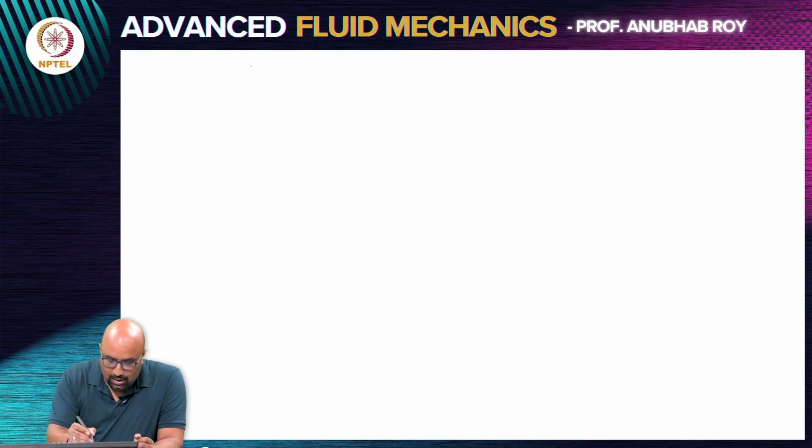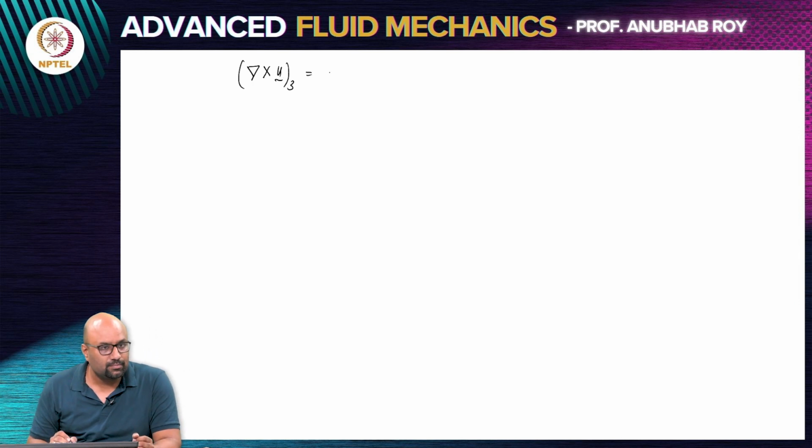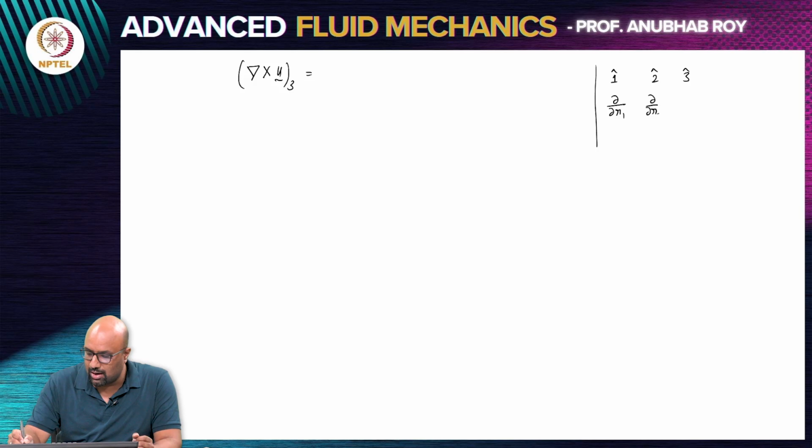Now, the curl of U, if I were to write down the third component of the curl of U, you will have the directions 1, 2, 3, dou R1, dou R2, dou R3, U1, U2, U3.